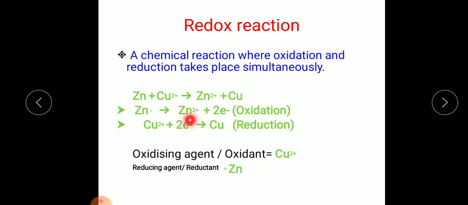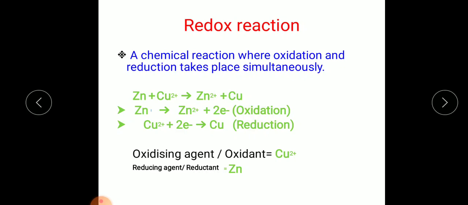So zinc to Zn2+ is loss of 2 electrons, so it is oxidation. Similarly, from copper ion to copper, there is gain of electrons because 2 electrons get added and it forms copper, so it is a reduction process. So in this reaction we can see that both oxidation and reduction take place simultaneously, so we can call it a redox reaction.